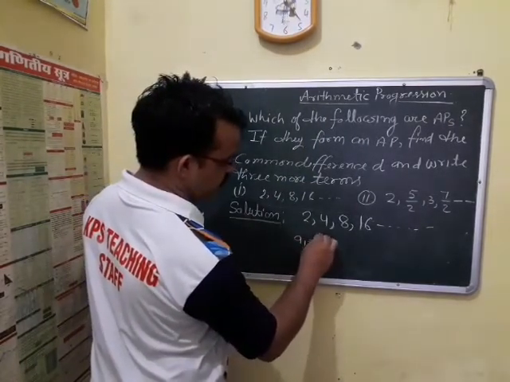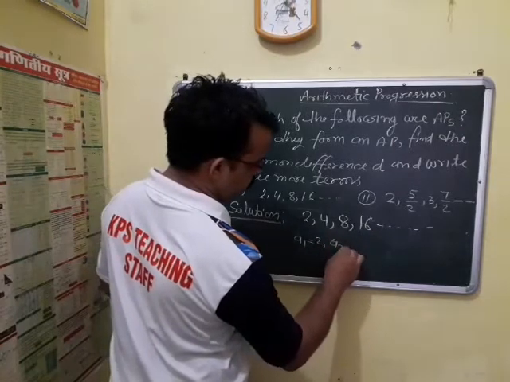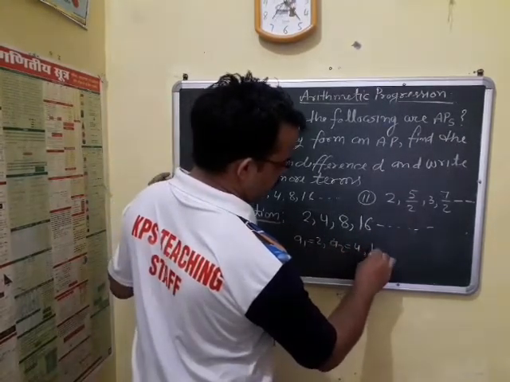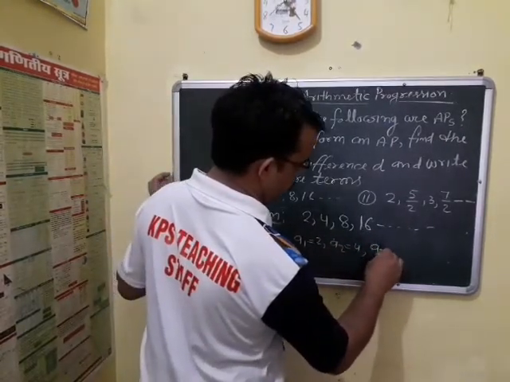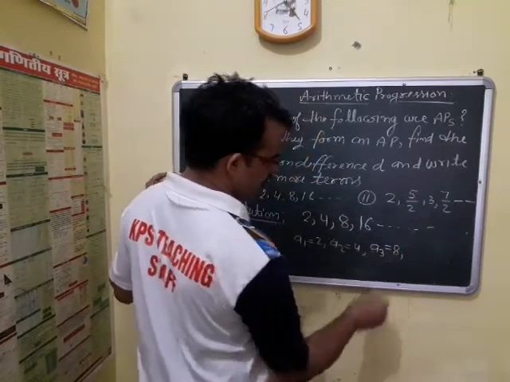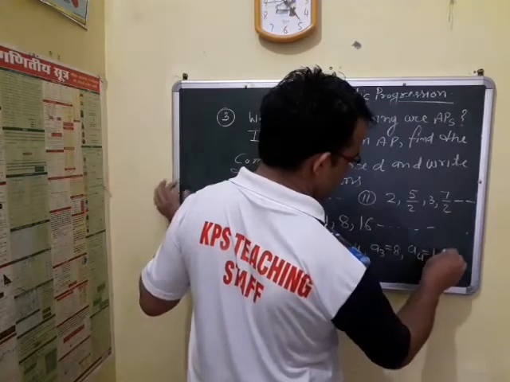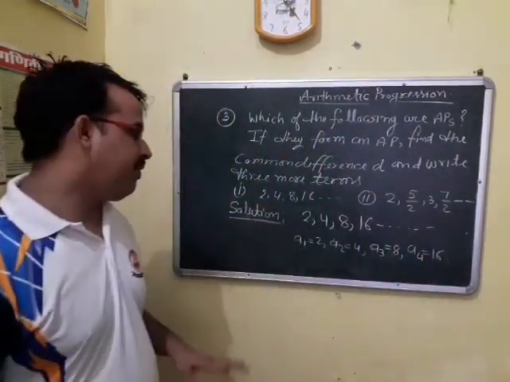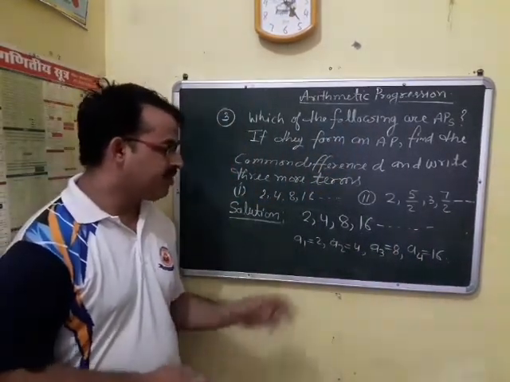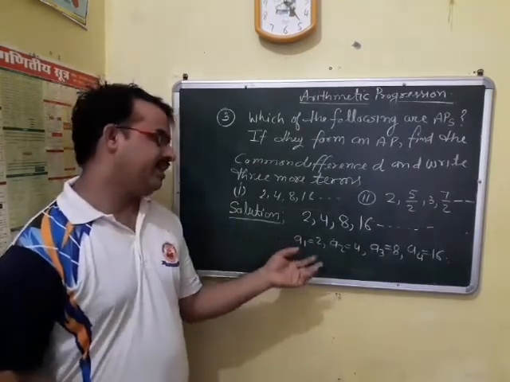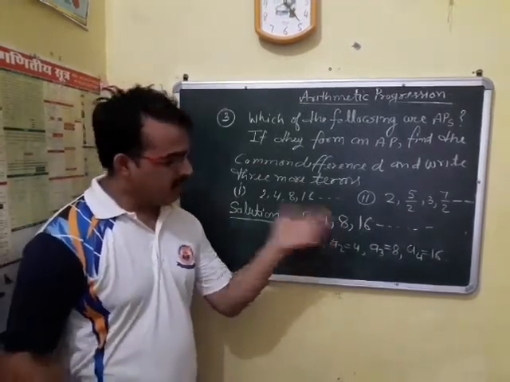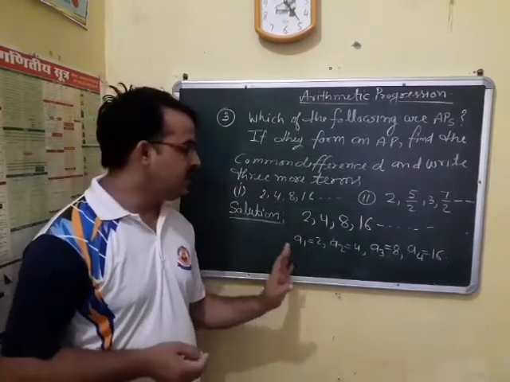A1 is equal to 2. A2 is equal to 4. A3 is equal to 8. And A4 is equal to 16. Now we find the common difference. If the common differences are the same, then we say that this one is an AP. Otherwise it's not an AP.